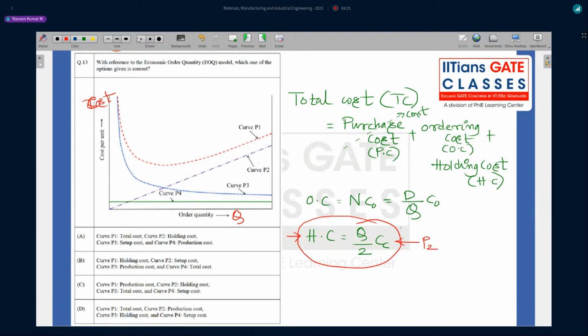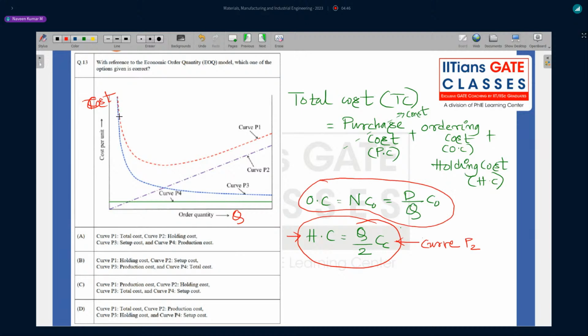Let me write curve P2. And the ordering cost is inversely proportional to the quantity Q. Hence, which curve is this?